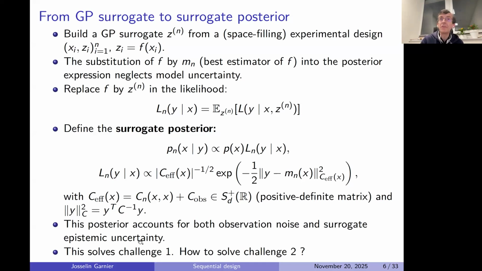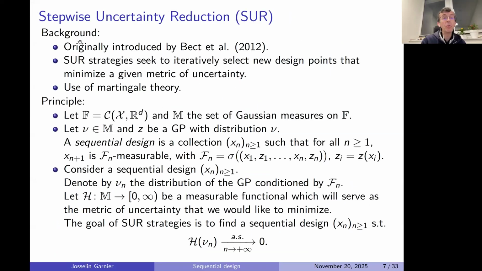But you would like to do that in the most efficient way by calling f at new points that are well selected to reduce this uncertainty in pn. So we will use what is called the stepwise uncertainty reduction method, which is, let's say, a general principle. So when you go back in time, you find, in some sense, the first ideas about this principle almost 15 years ago.